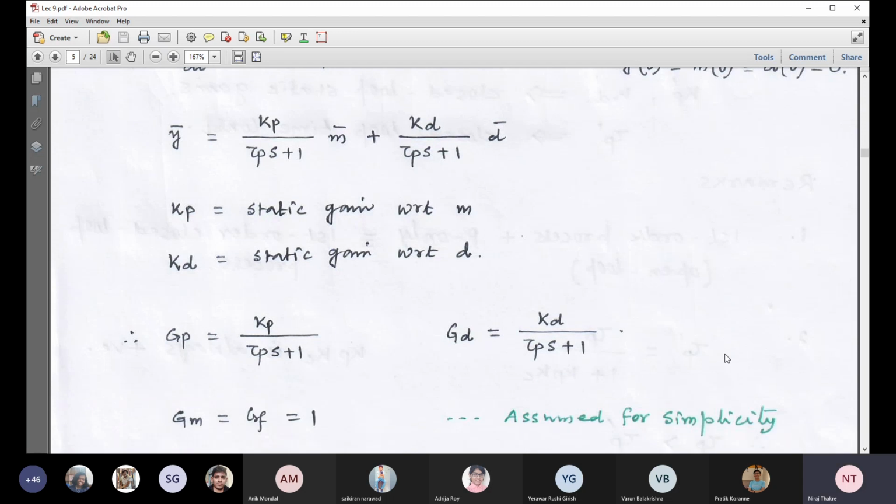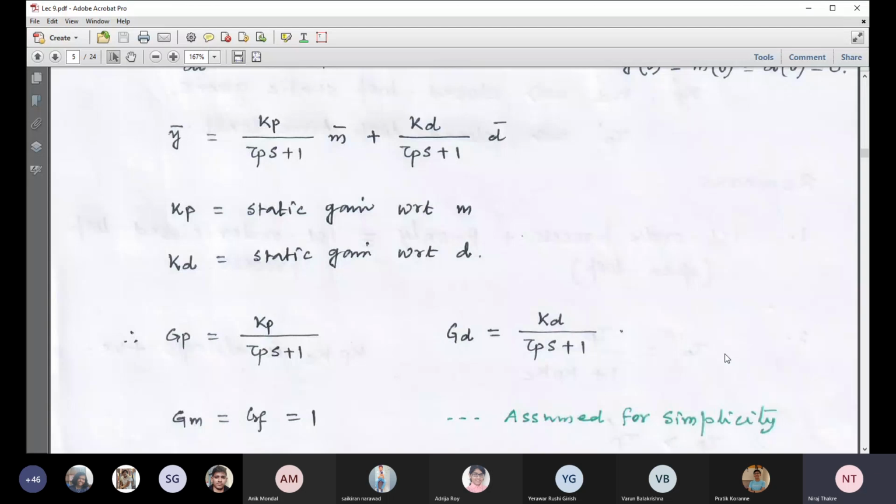Then for the measuring device and final control element, let us consider both of them as one. We are just assuming this for simplicity. GM and GF we are taking as 1, just for simplicity.